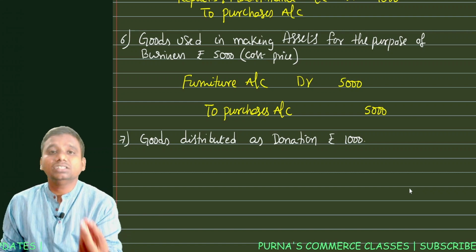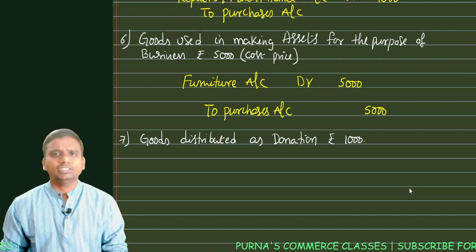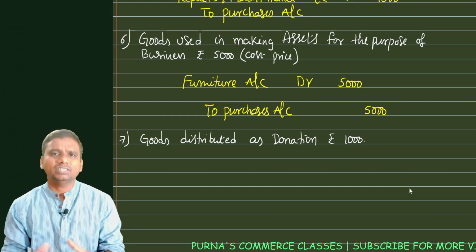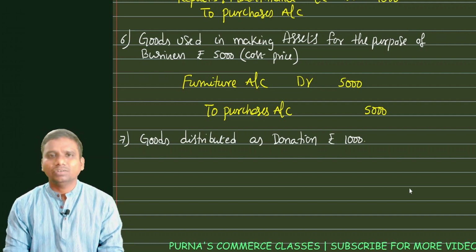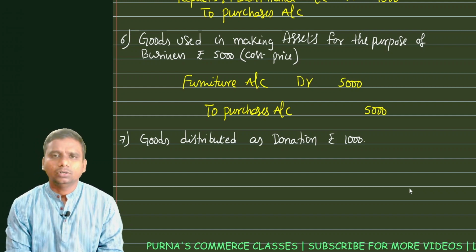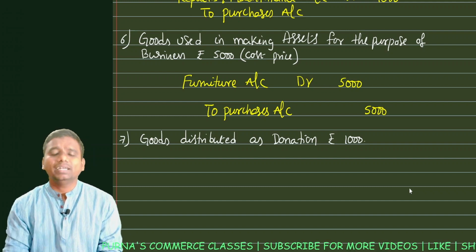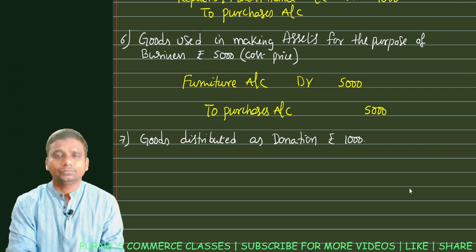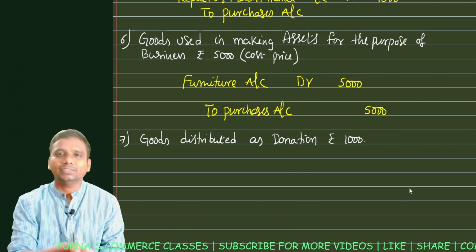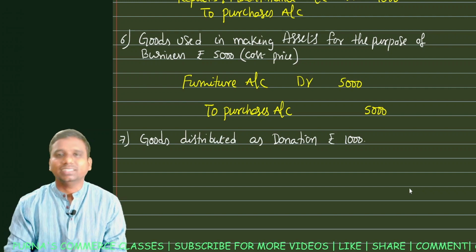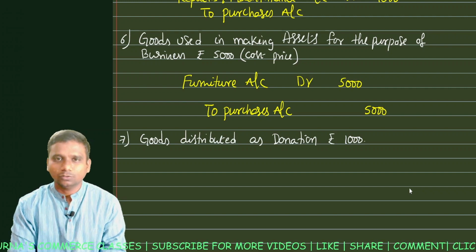I am giving these goods as donation. See, let us assume I have a cement shop. Now for construction of a temple, I have donated some 100 bags of cement. Now, how do I record this transaction in my business? Yes or no? That is a question.